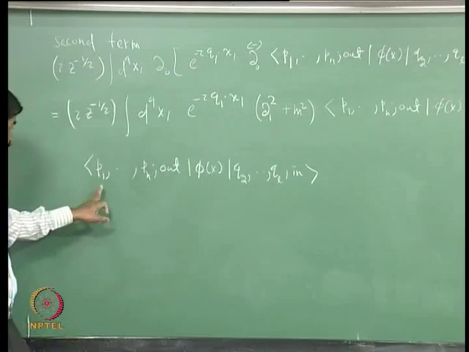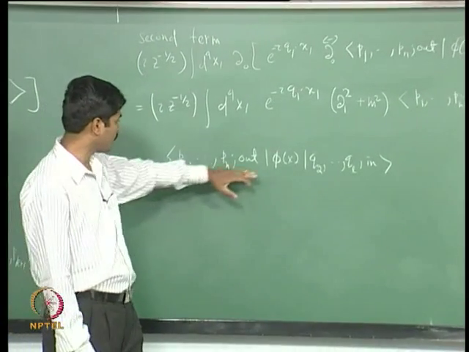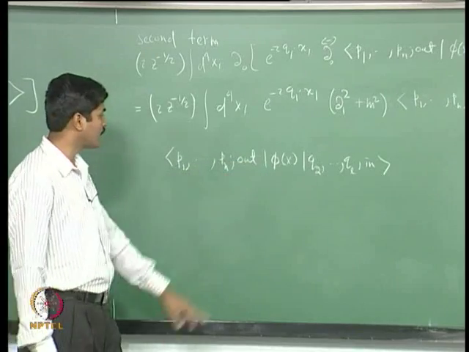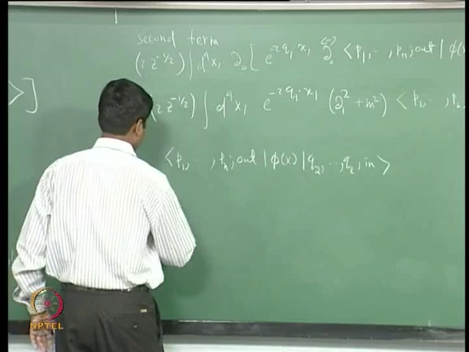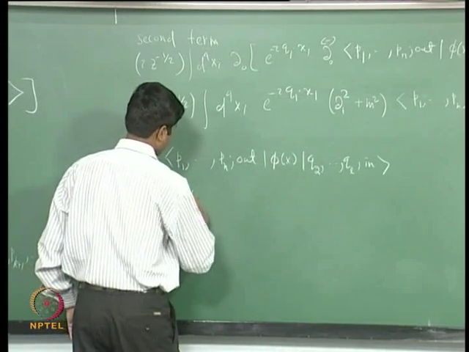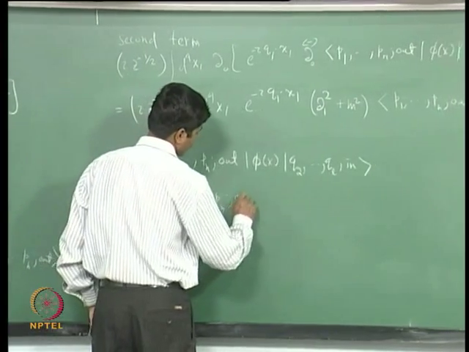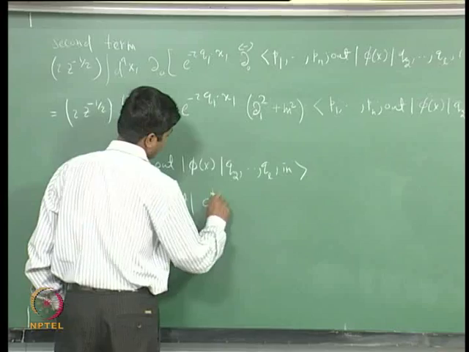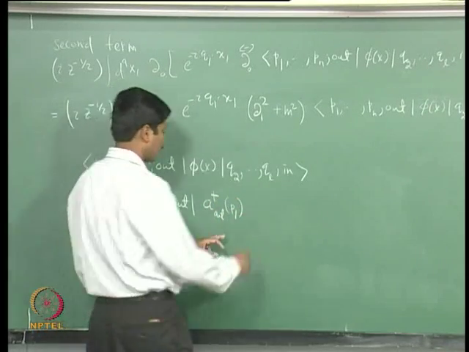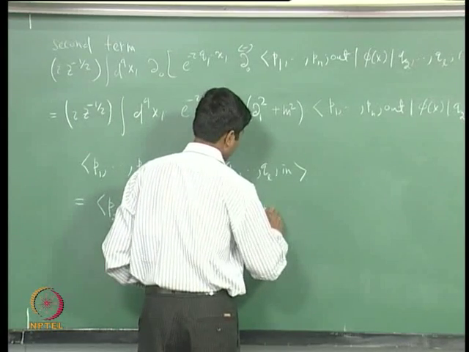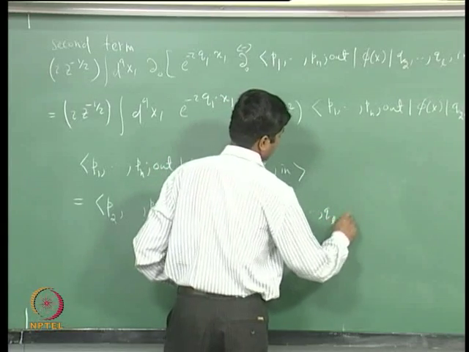Now, what I will do is I will pull a P1 factor here from the out state and then I will write it here as a dagger out P1. So, this is same as ⟨P2 up to Pn out| a dagger out of P1, then phi of x |q2 up to ql in⟩.